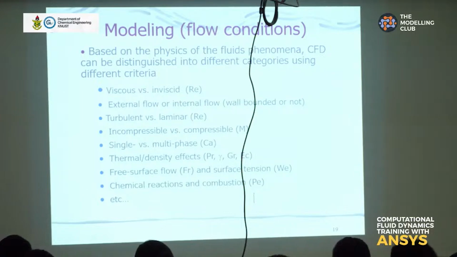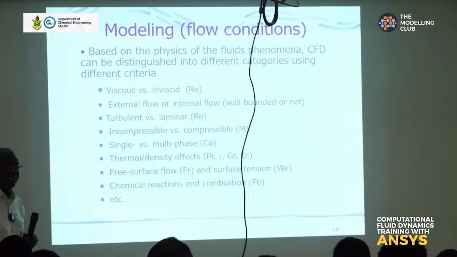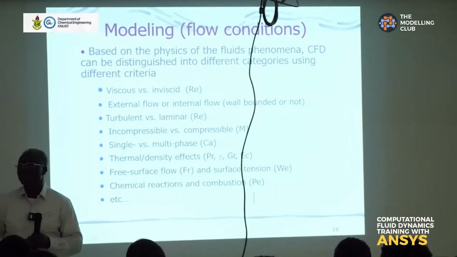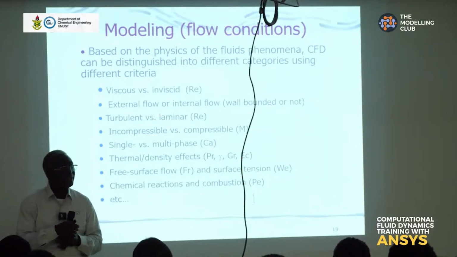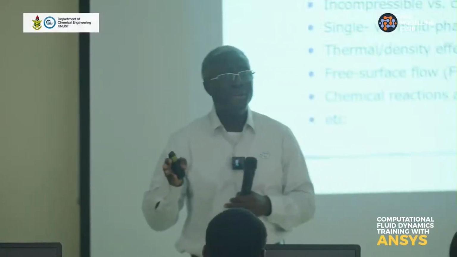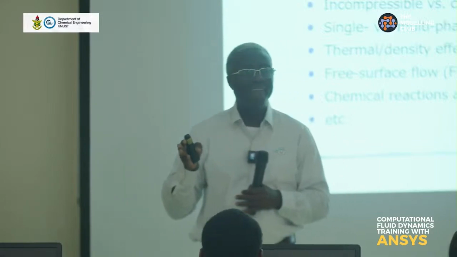If you recall from your fluid mechanics, you can use the Reynolds number to classify whether we have turbulence or laminar flow. Let me see if you remember the difference between laminar and turbulence for a pipe flow. What is the transition from laminar to turbulence in a pipe flow? What is that Reynolds number?